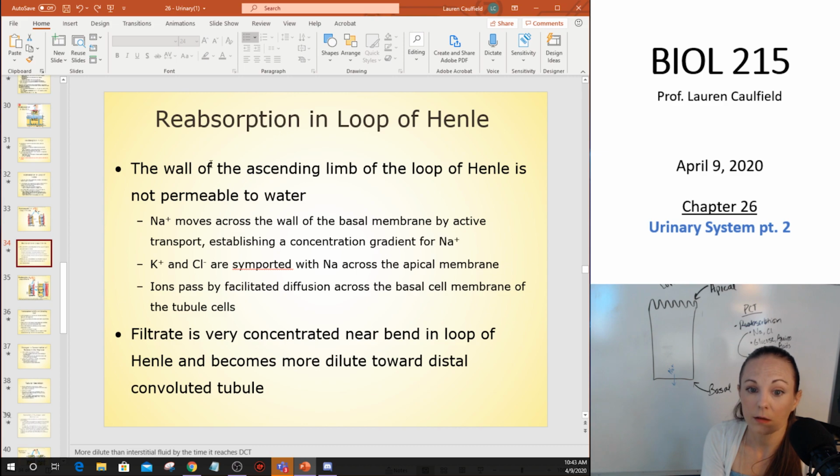So again, that ascending limb is not permeable to water, we're moving solutes into that interstitial fluid and then into our blood capillary.